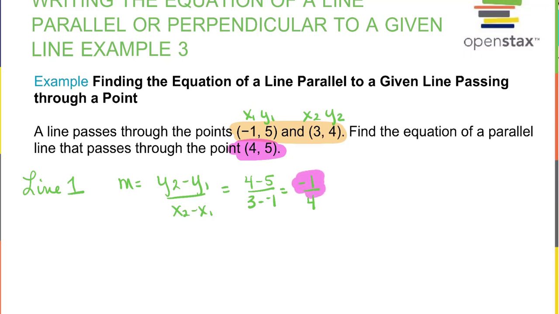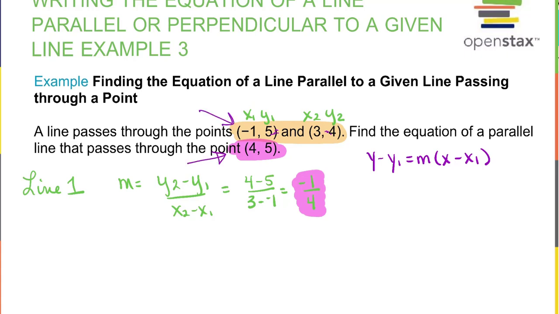So now I'm going to take this negative 1/4 here, and I'm going to put it into my handy dandy point slope formula. I'm not going to pick either one of these points, because what I'm doing now is I don't need the equation for this line.